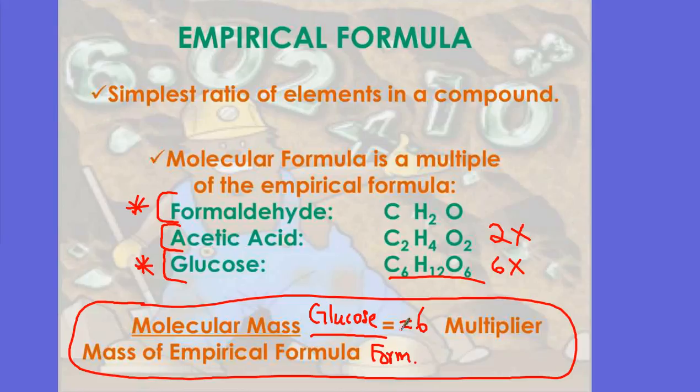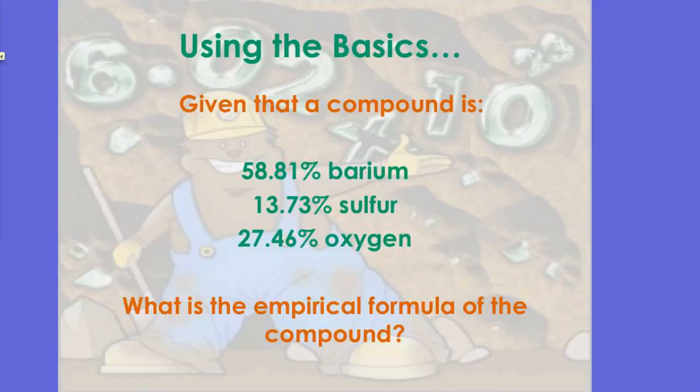Okay? I have 3 examples for you. We're going to do step by step. Calculating the empirical formula of a compound that has barium, sulfur, and oxygen. Step 1. Assume that you have 100 grams of your substance.